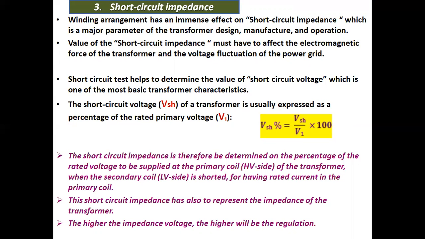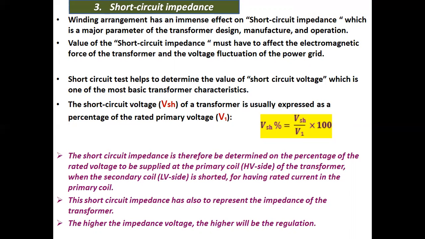The short circuit voltage VSH of a transformer is usually expressed as a percentage of the rated primary voltage, that is V1. That is, VSH percentage equals VSH by V1 into 100.